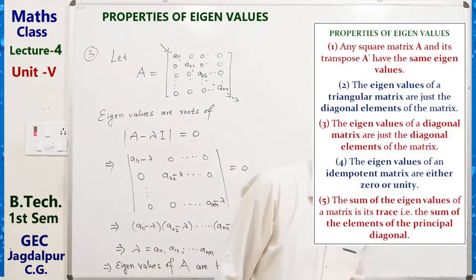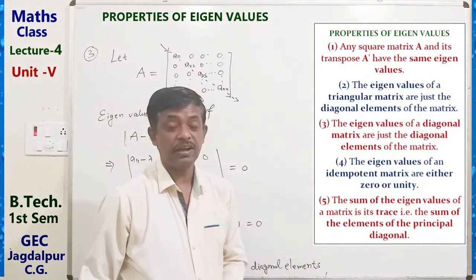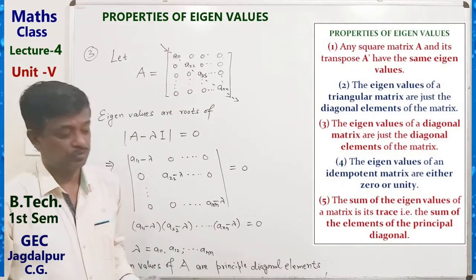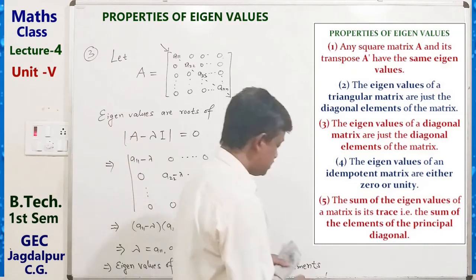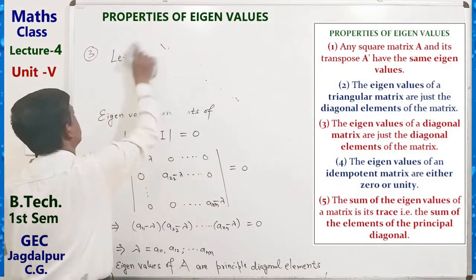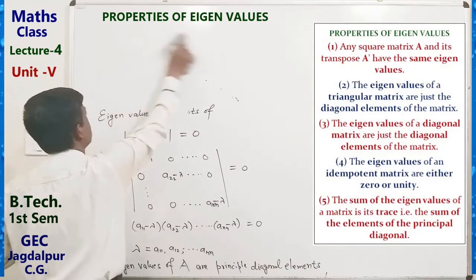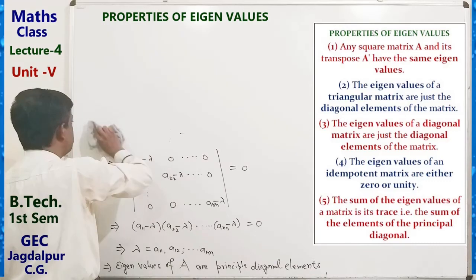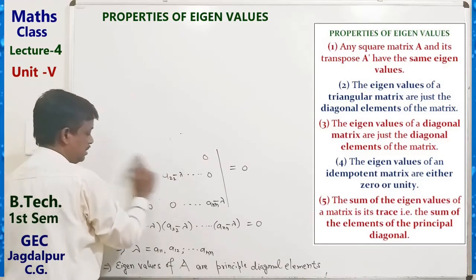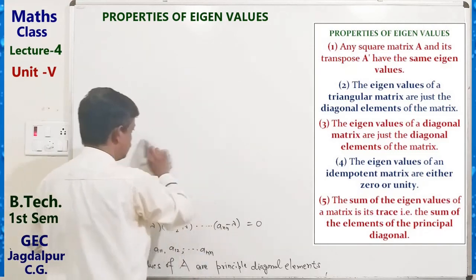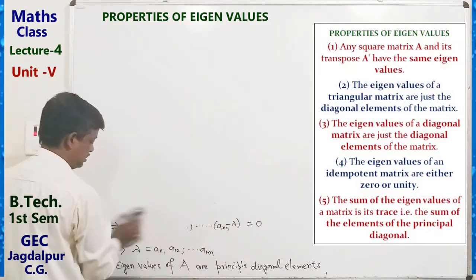Okay. Now the fourth property: eigenvalues of an idempotent matrix are either 0 or 1. Idempotent matrix means the idempotent rule will follow for that matrix. Idempotent means A square equals A. If A is a square matrix, then A square equals A for an idempotent matrix.